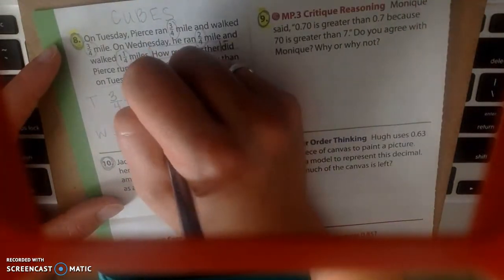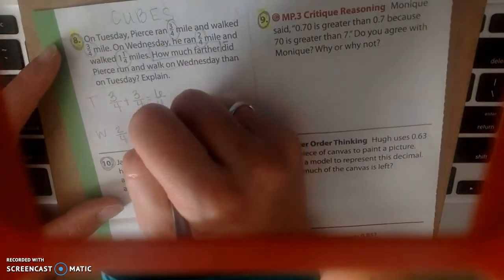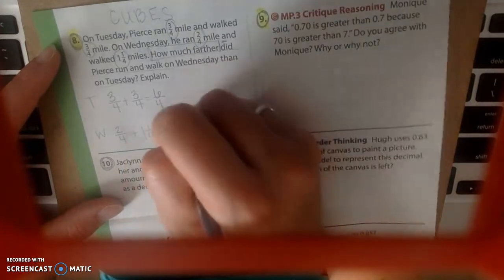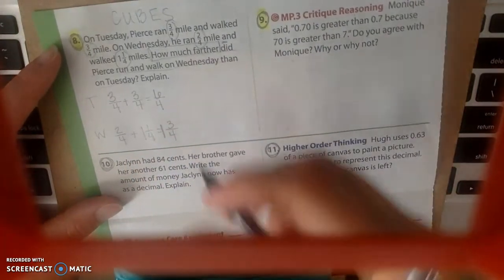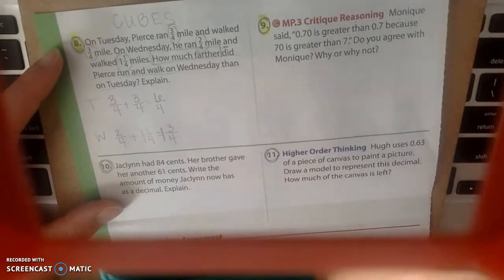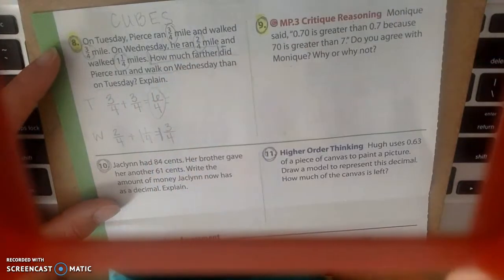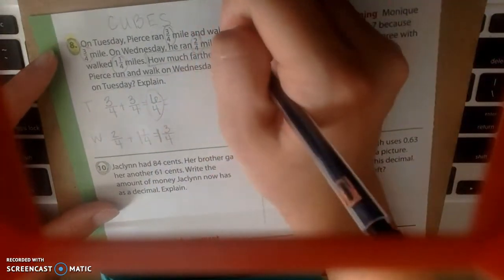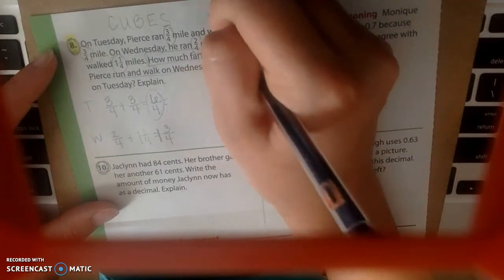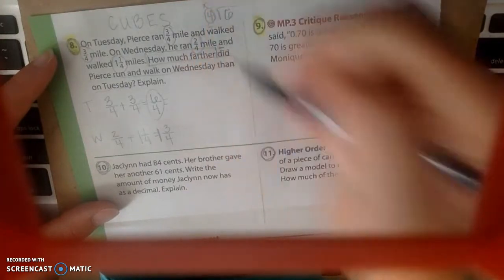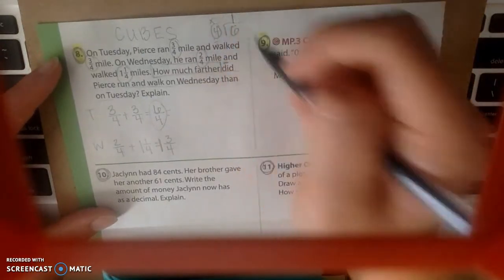On Tuesday, you should have gotten 6/4. And on Wednesday, you should have gotten 1 3/4. Now you might notice that we're not ready to set this up as a subtraction problem. I don't know what my improper fraction is equal to. I'm going to need to take it up here and divide. Okay, because that's how we change it into a mixed number. 6 divided by 4 is 1.